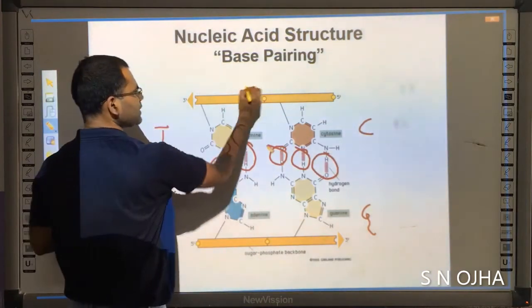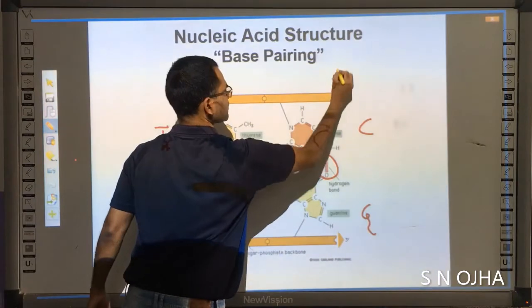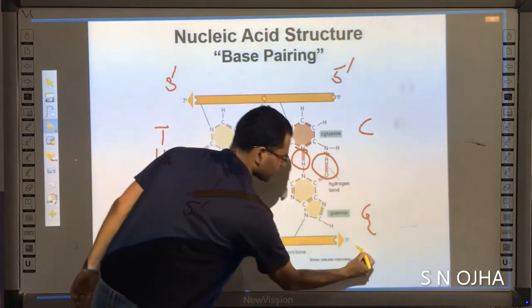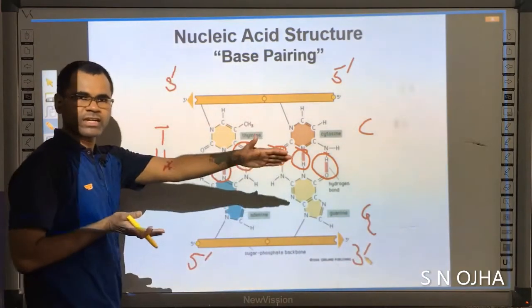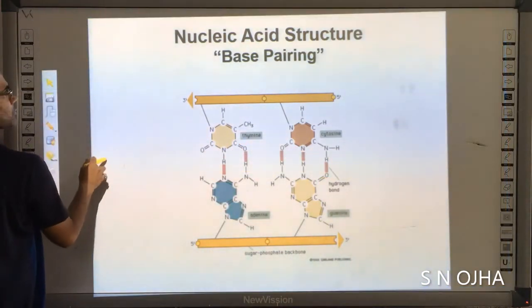This is one strand, this is another strand. One strand runs 3' to 5', and the polarity of the other strand is 5' to 3'. So both the strands are anti-parallel and both are connected with a particular type of hydrogen bonds.